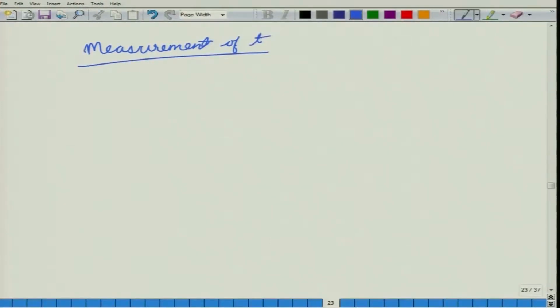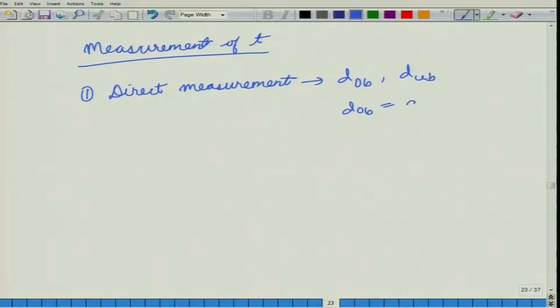So, here we have two ways of measurement. One is called direct measurement. Direct measurement is what we get from felled logs or from stumps. So, in the case of stumps or in the case of felled logs, we can measure the overbark diameter, we can measure the underbark diameter, and then we can get the thickness using the relation diameter over bark is equal to diameter under bark plus twice T. But this can be used for felled logs or stumps.